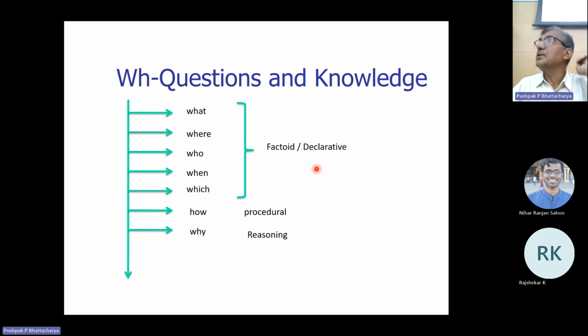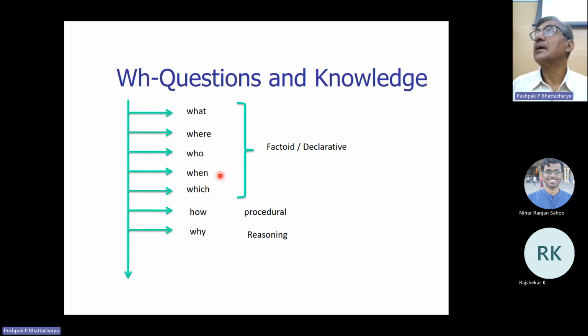This is so fundamental to any kind of question answering and any kind of AI system, conversational AI, chatbots, for example, that we need to be very clear about these WH questions and their categories. We know that today's large language models are extremely good at answering all these questions, including how and why. If you have heard of jailbreaking, that means can you ask a harmful question to a large language model?